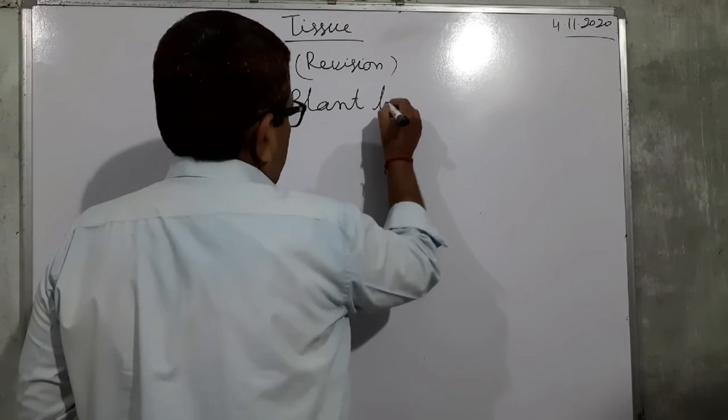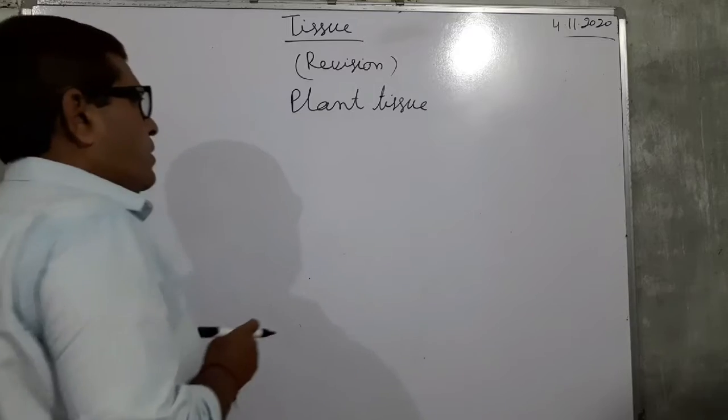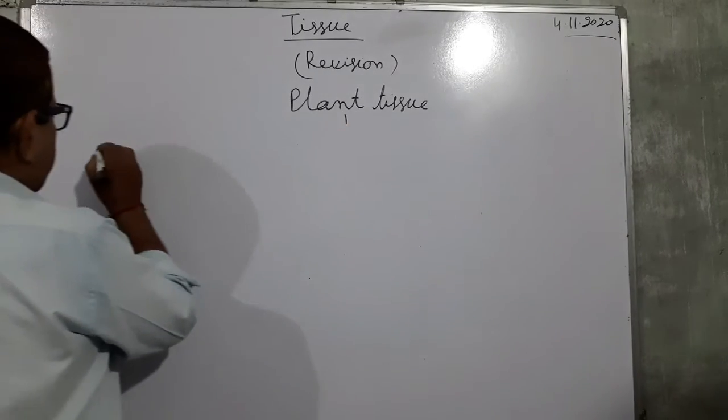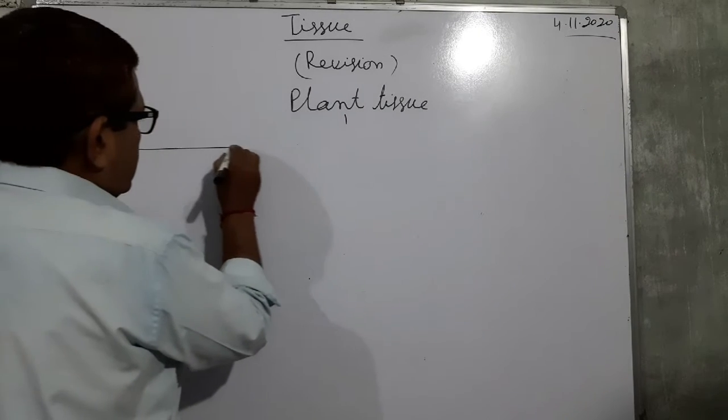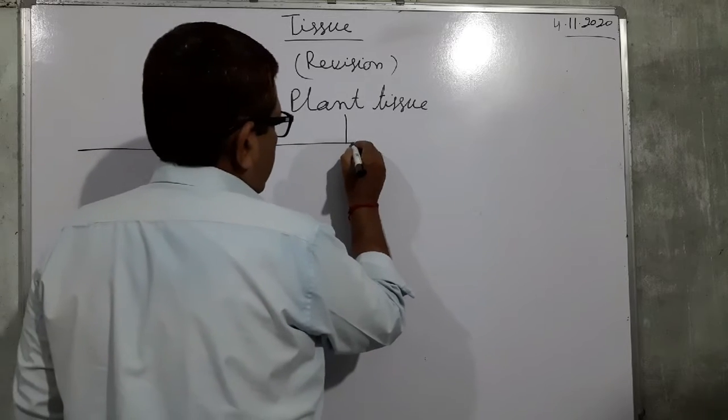Plant tissue. Plant tissue is of two types.